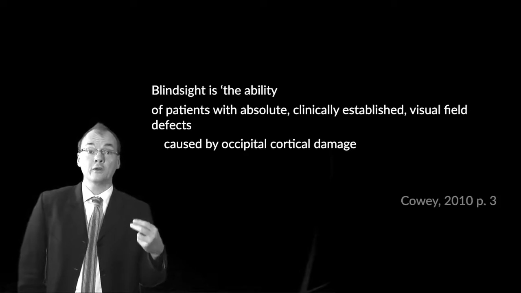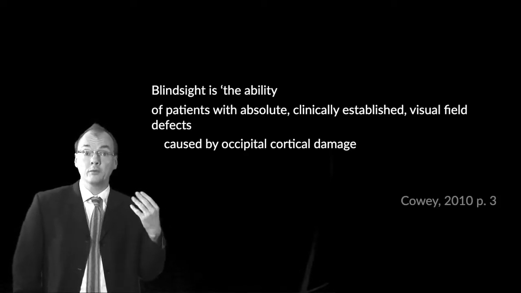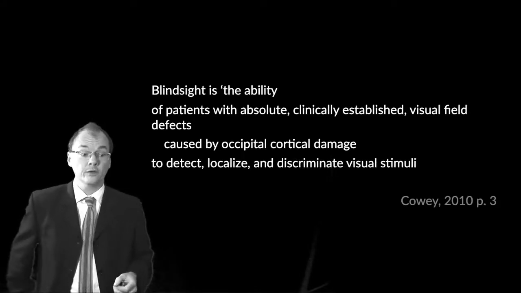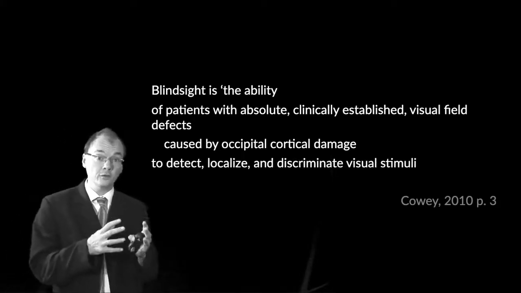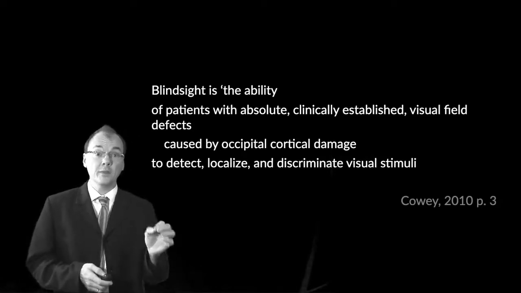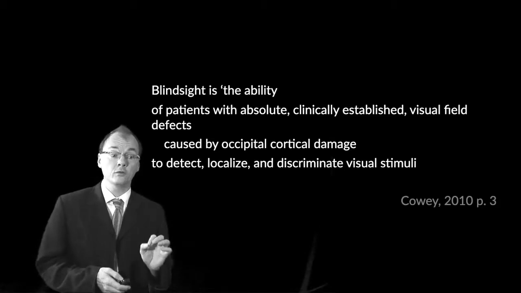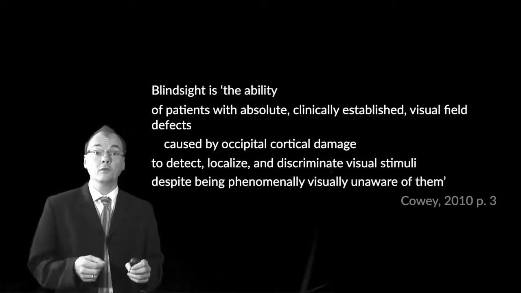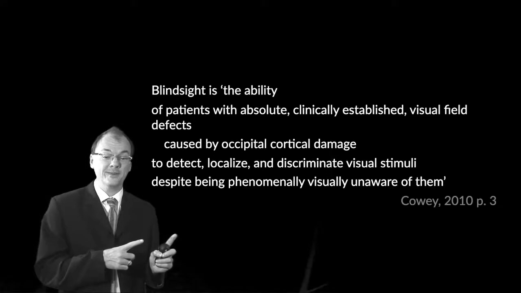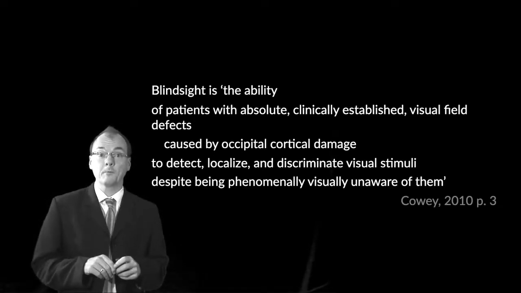So we're not talking about damage to the retina or to the optic nerve, but rather to parts of the brain which are involved in visual processing. And these patients who are clinically blind in some area of their visual field nevertheless have the ability to detect, localize, and discriminate visual stimuli, despite, this is the interesting bit for us, being phenomenally visually unaware of them.